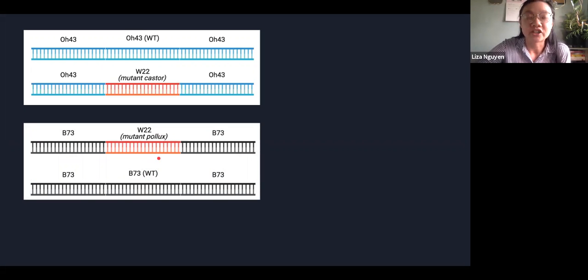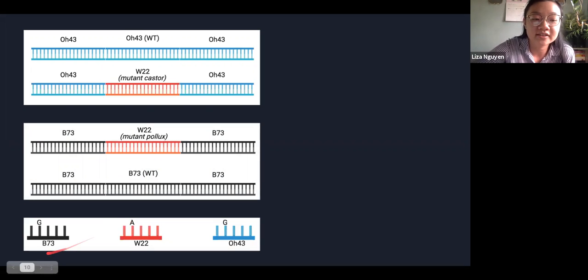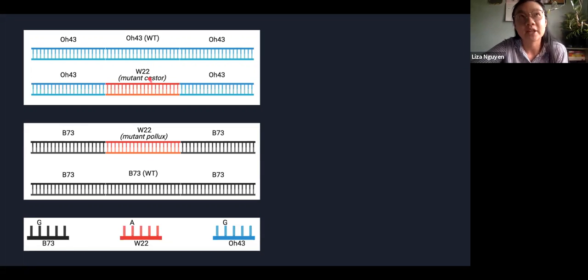So the rationale here is that if there were SNP differences between my 3 varieties that are either within or nearby the castor and pollux genes, I don't need to test whether the transposon is present. I just need to know that the copy is derived from the W22 background in order to know that I have a mutant copy of castor and pollux.